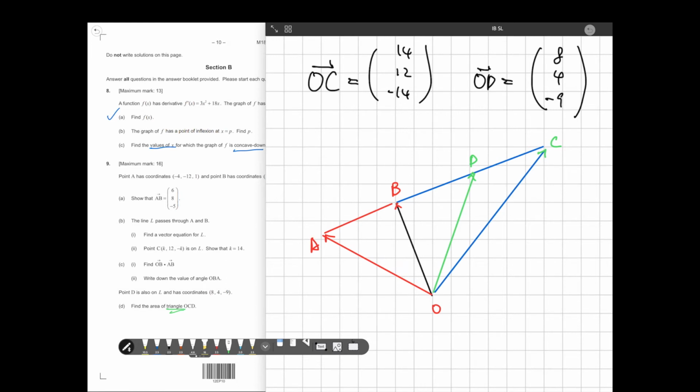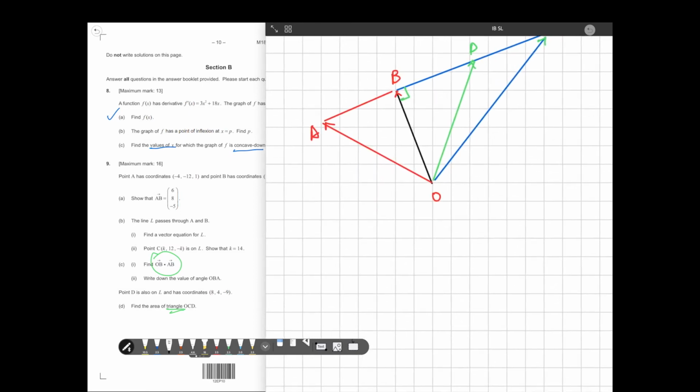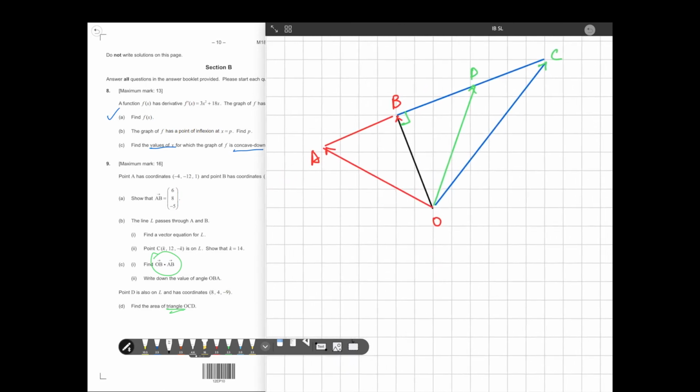And then we'll find that OB has to be perpendicular to BC, right? We find this property from here, OB dot AB, because AB has to be parallel to BC. So we know that C, okay, I just write in here.